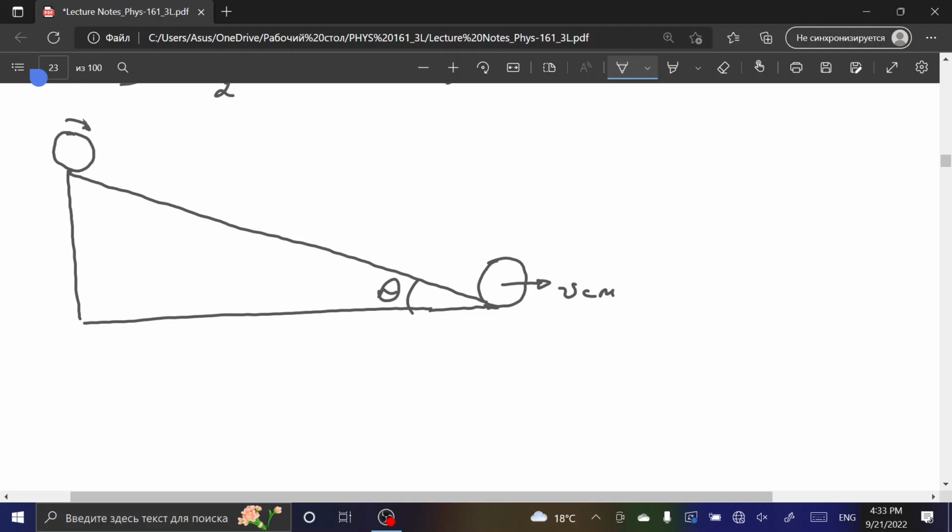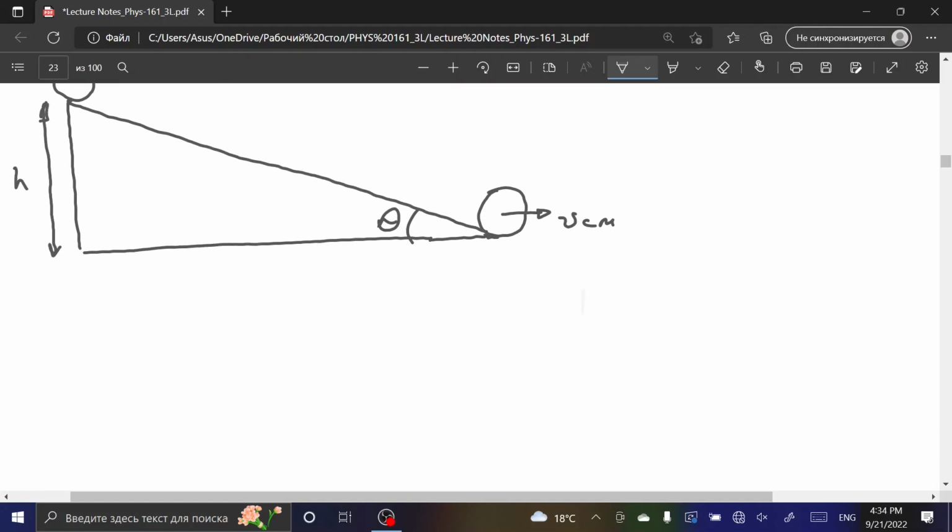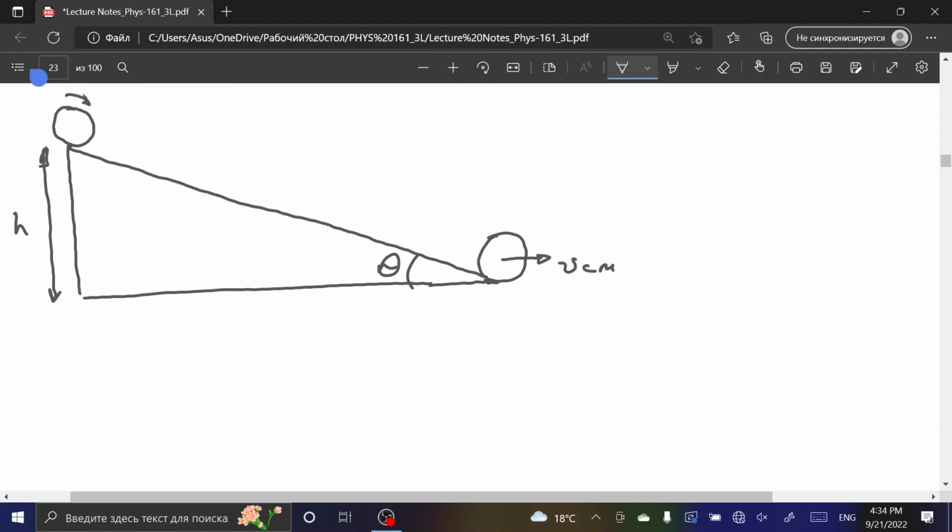So we definitely want to approach this with conservation of energy, so potential and kinetic. So here we have some height h. And obviously, since we don't have any sliding, we don't have dissipation of energy because of work done by the friction force.